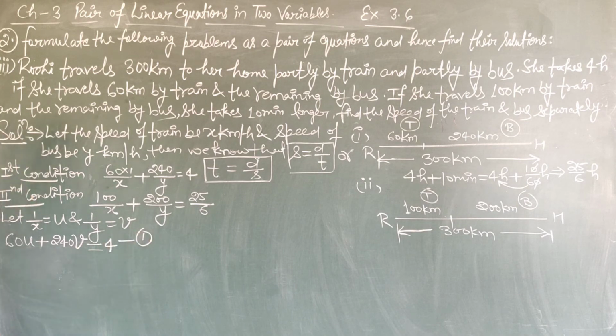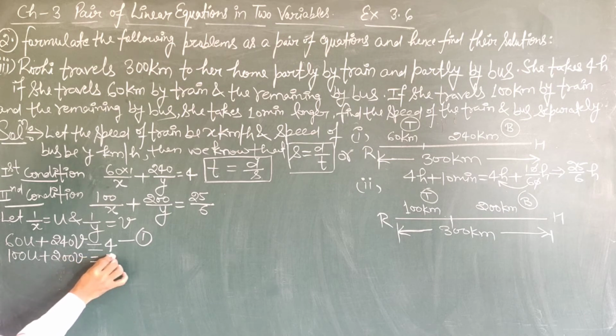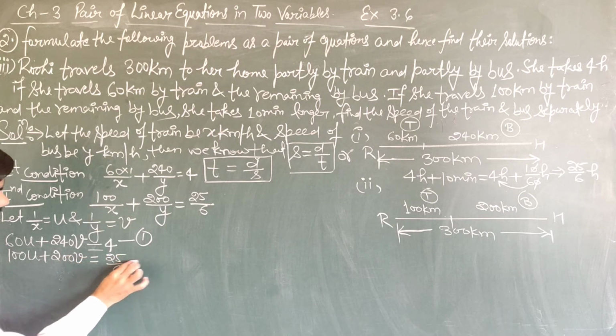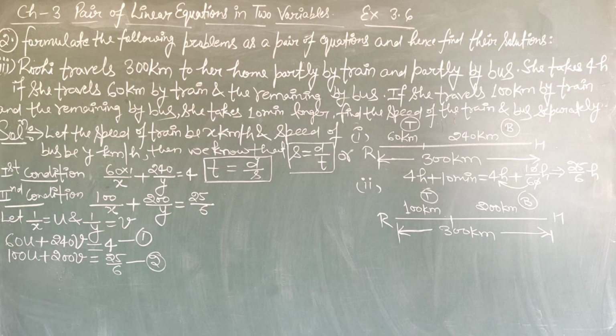Suppose this is equation number 1, and this equation will be 100u plus 200v is equal to 25 upon 6. Suppose this is equation number 2. Now we have these two linear equations in two variables u and v. Now we can solve these two equations by substitution method or elimination method or cross multiplication method.